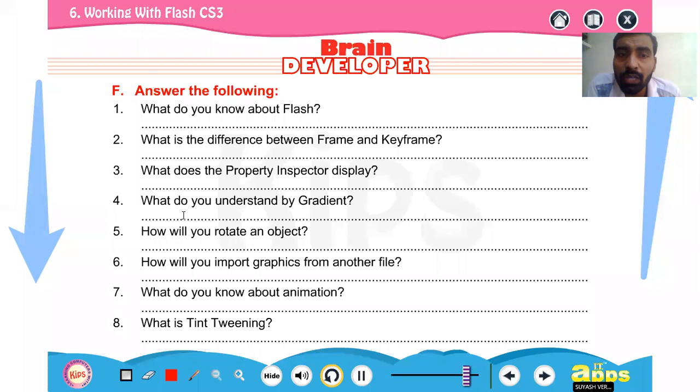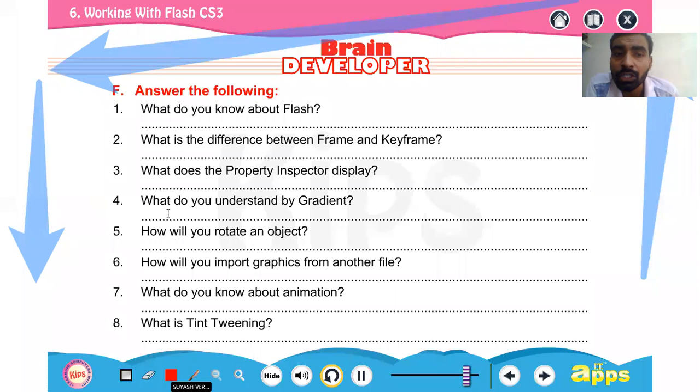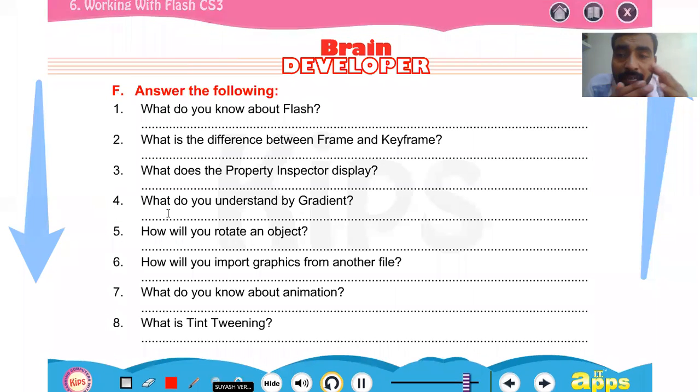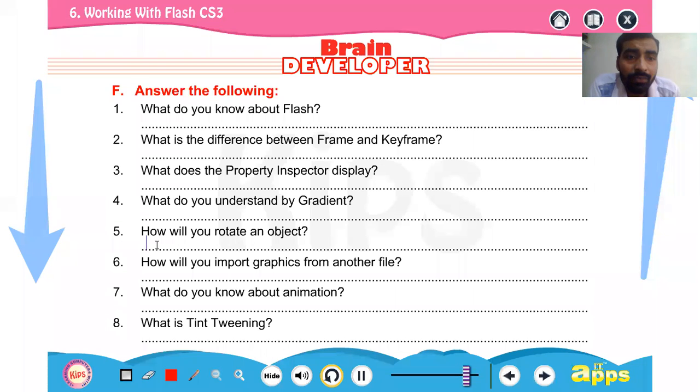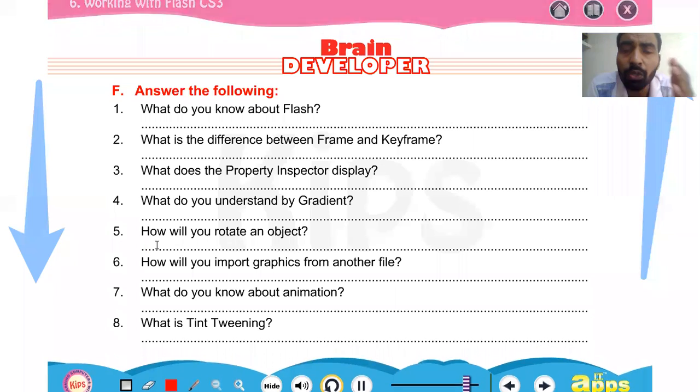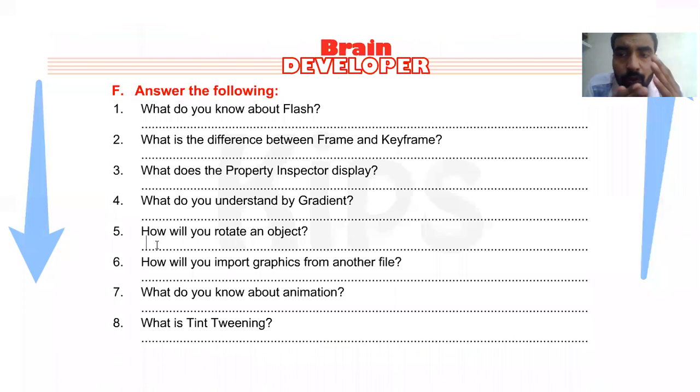Fourth question, what do you understand by gradient? So you can say gradient is a mixture of two or more than two colors which appear dark on one side and lighter on another side. Fifth question, how will you rotate an object? To rotate an object, we first click on the free transform tool, then we will find a rotation handle.